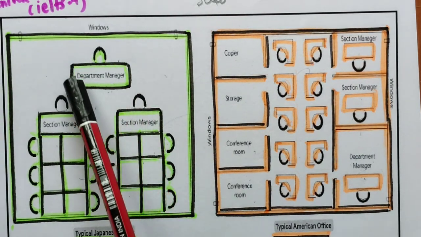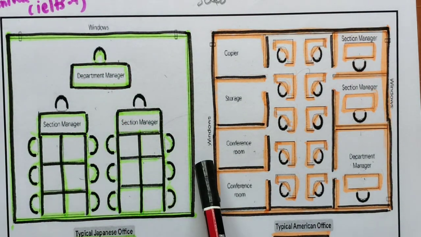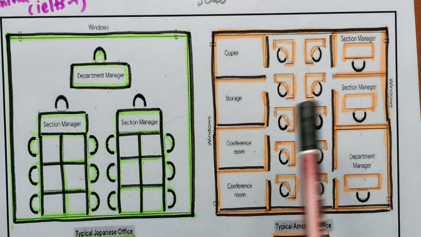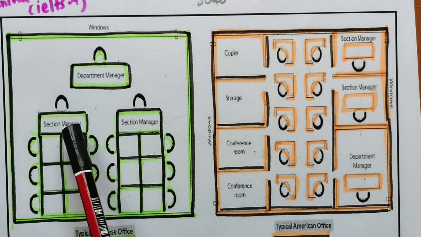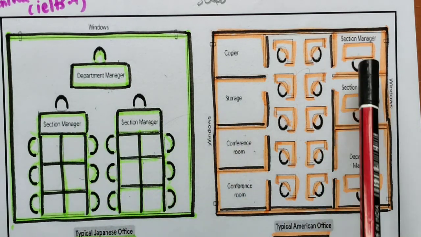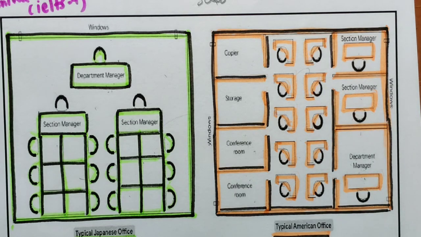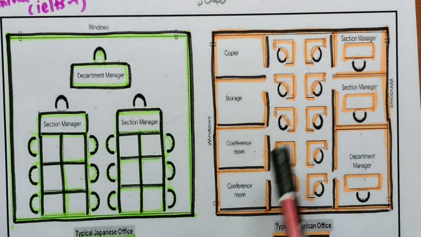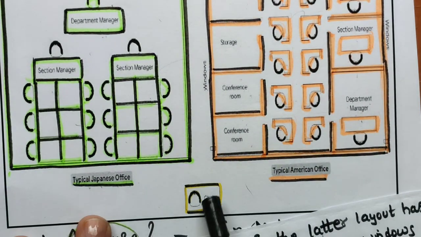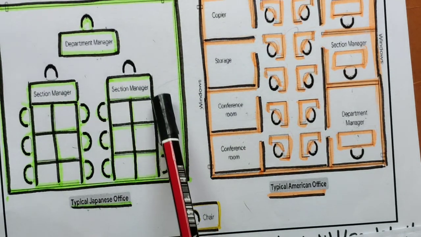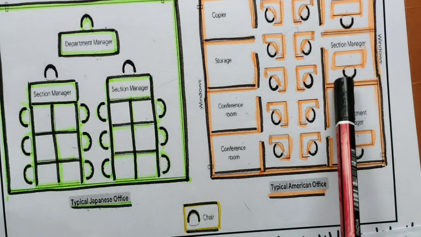Okay, so Japan, here windows I can see, windows here also, windows here also, and department manager, section manager, section manager, section manager, section manager, department manager, and here there are some different things. So one instruction is also there. This round shape is called a chair. Okay, so it means these are all chairs.